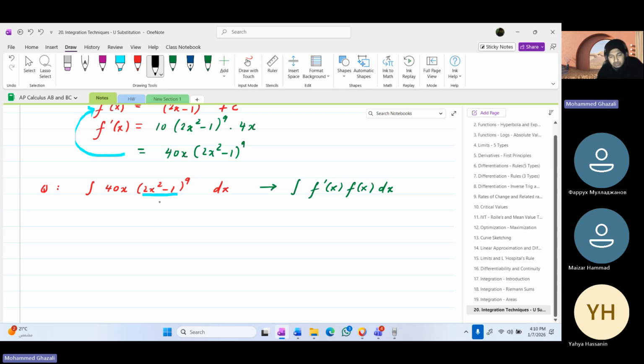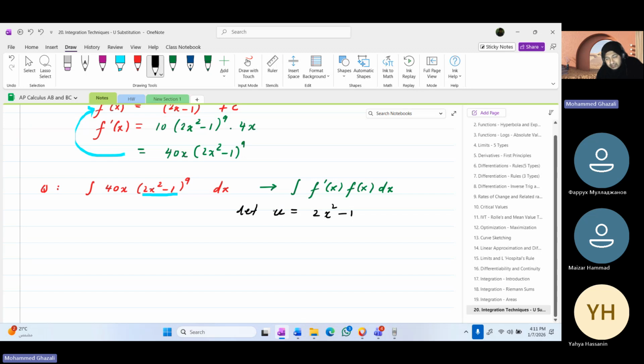So what is u substitution? We say let this function equal u. So let u equal 2x squared minus 1. Not to the power 9, just 2x squared minus 1. Now what you have just done is created two equations. Equation 1 is u equals 2x squared minus 1.